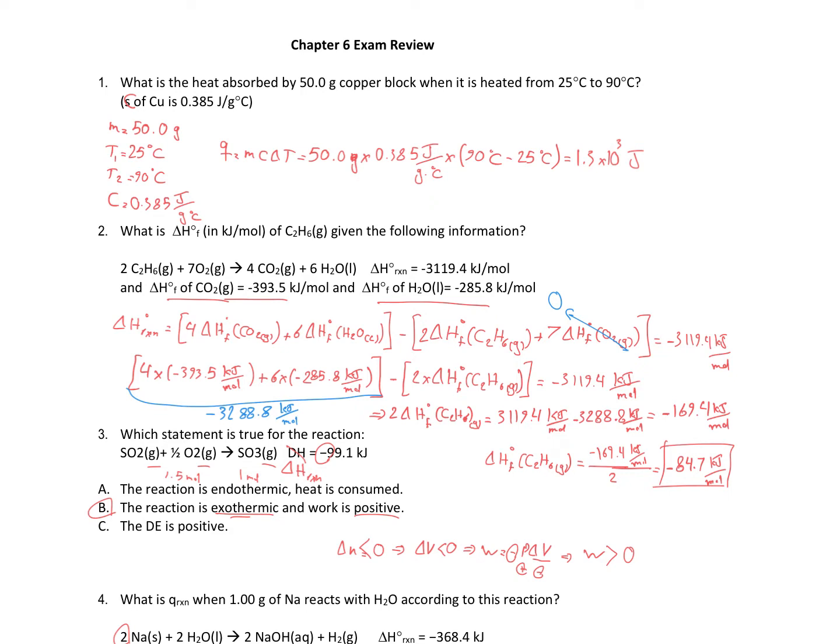The second question is asking about the delta H of formation of C2H6 given the following information. So we have a chemical equation, we have the delta H of the reaction, and we have the delta H of formation of CO2 and water in liquid state. So we need the delta H of formation of C2H6.